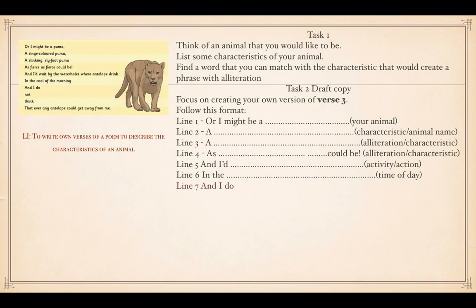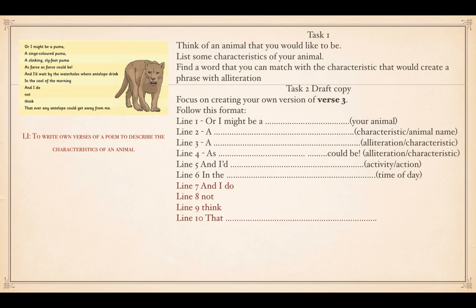Line 7 starts with "and I do", so you just copy "and I do". Line 8, you copy the word "not", because we're just matching verse 3 of the poem. Line 9, you can put the word "think". And then line 10, you end with a sentence. So in verse 3 of the poem, the author wrote that "ever any antelope could get away from me".